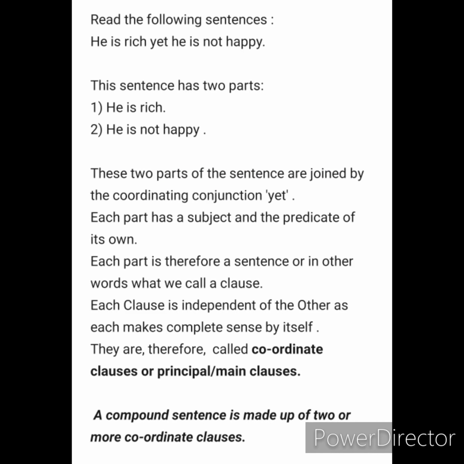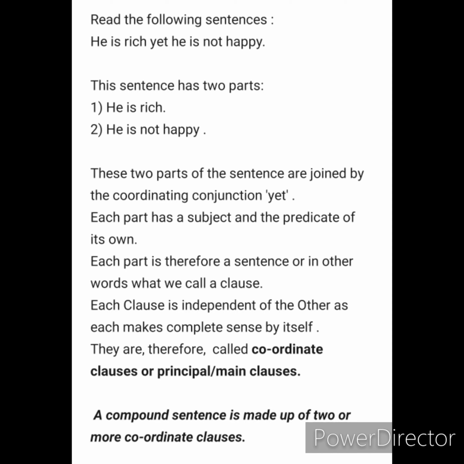Read the following sentence. He is rich, yet he is not happy. This sentence has two parts: He is rich; he is not happy. These two parts of the sentence are joined by the coordinating conjunction yet. Each part has a subject and a predicate of its own.